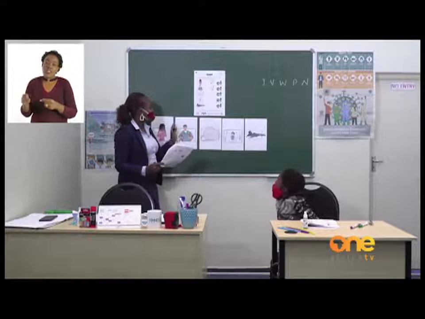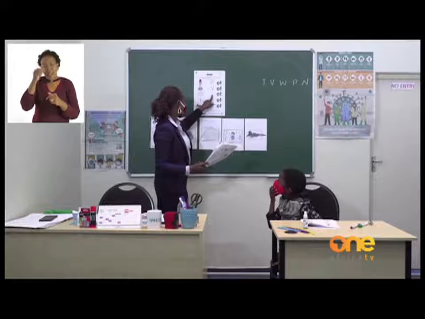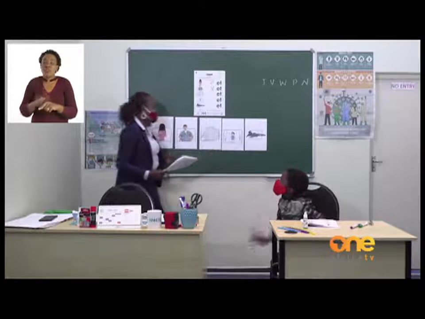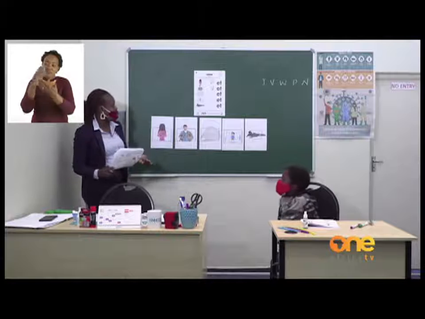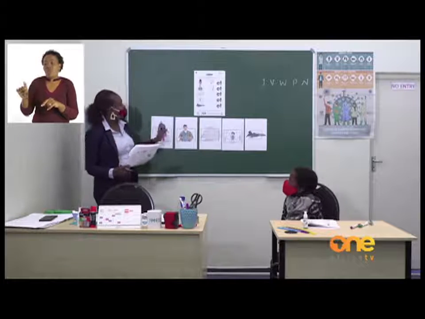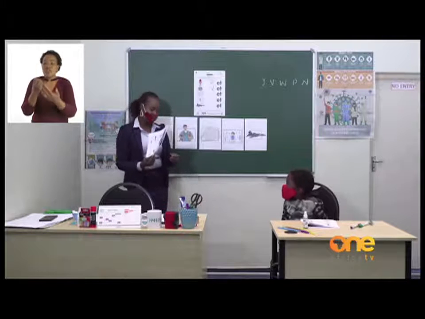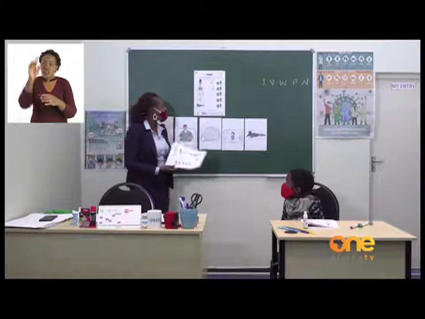You check, where does N fit? You come here or here or here. You just choose where you can come up with a word which goes together with the picture given. That's all about phonics, grade 2s. Thank you.